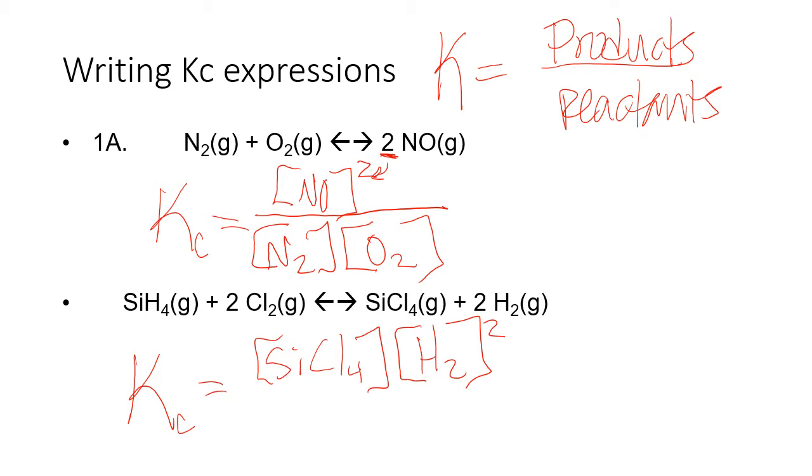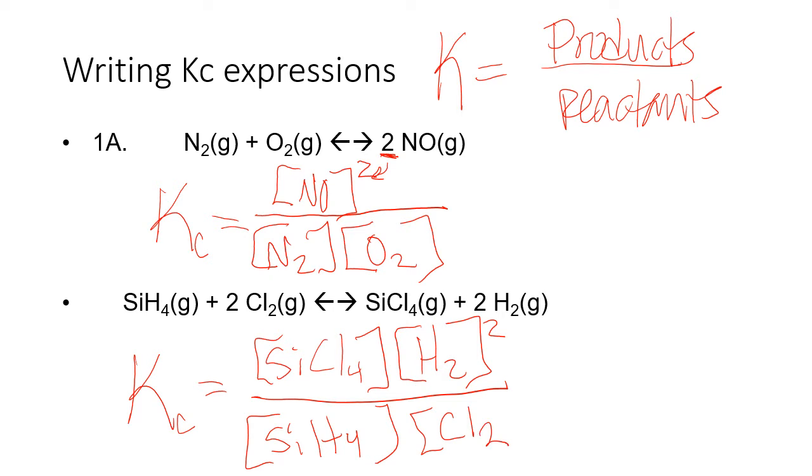That 2 comes from the 2 in the equation. Over my SiH4, which I've put no exponent on, and then my Cl2, which I'm going to square. Again, that 2 is coming from there. So that is how you would write the expressions.